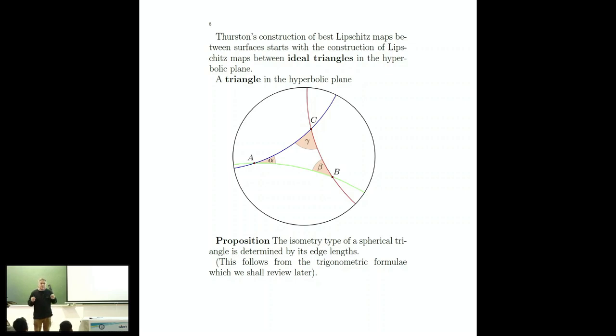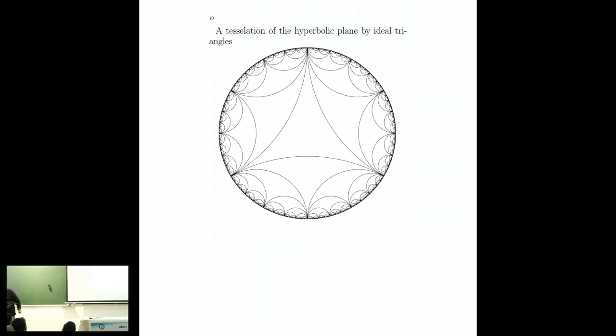The basic element, in fact, in this theory is this figure of an ideal triangle. So this is not an ideal triangle. An ideal triangle is here, and I will talk later about it. But first, I want to say something about the other. So this is a triangle where the three vertices are at infinity. This is an ideal triangle.